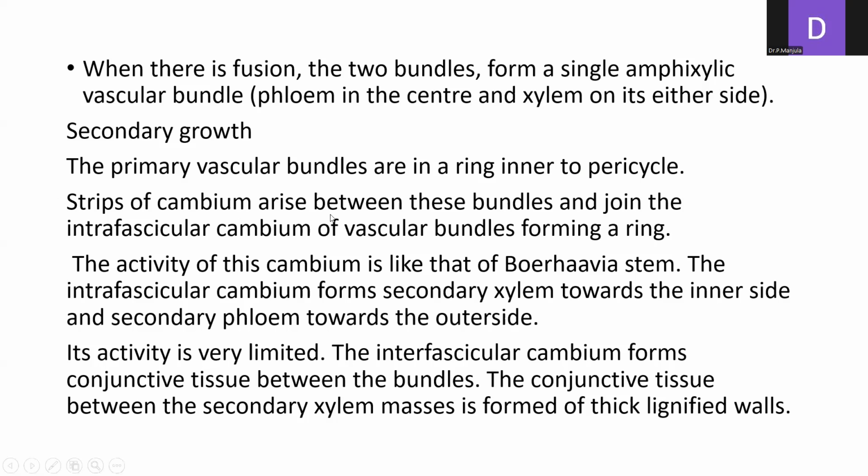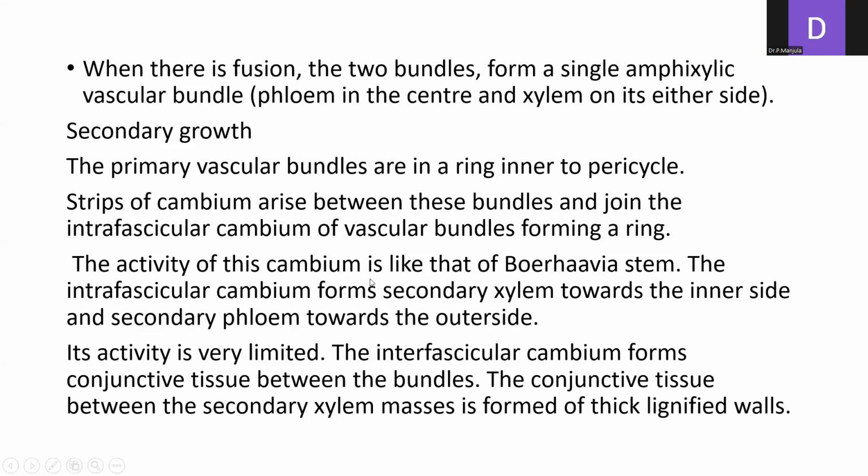The strips of the cambium arise between these bundles and join the intrafascicular cambium of the vascular bundles, forming the ring. So the cells present in the vascular bundle region become meristematic and act as the cambium. Here a cambial ring is formed.